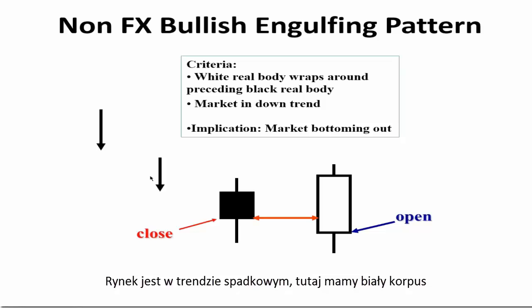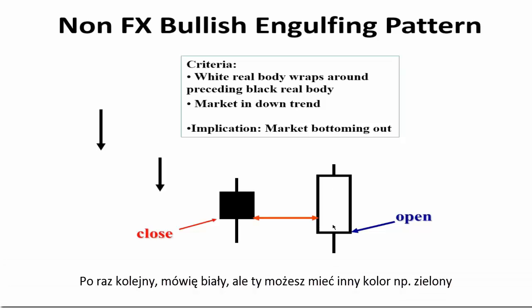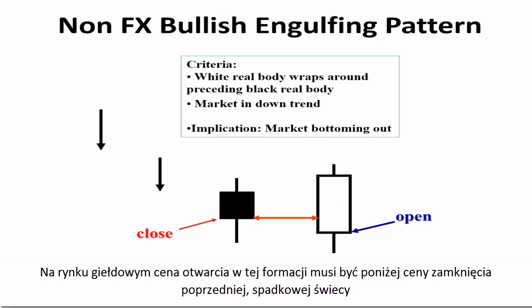The market's in a downtrend. We have a white real body. And once again, when I say white real body, if your charting system has a green real body or purple real body instead of white, just mentally put that in instead of the white real body in your mind. And in equity markets or non-24-hour markets, the open really has to be below the prior close for this to be a valid bullish engulfing pattern.